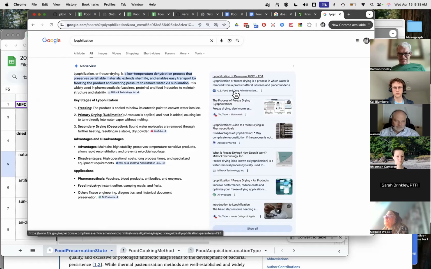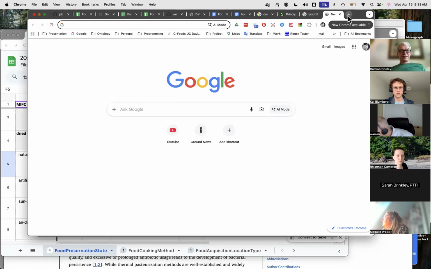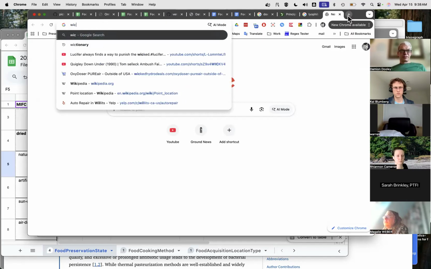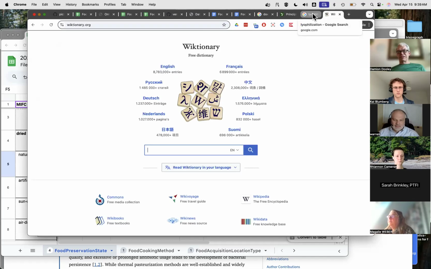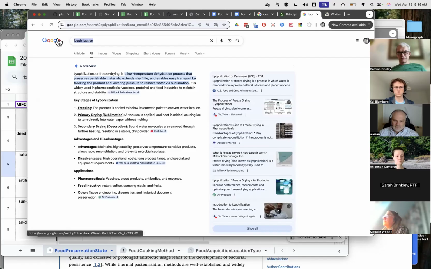Lyophilization, USDA. Is there a Wiktionary entry? I often try to support any term with a food Wikipedia or Wiktionary definition.